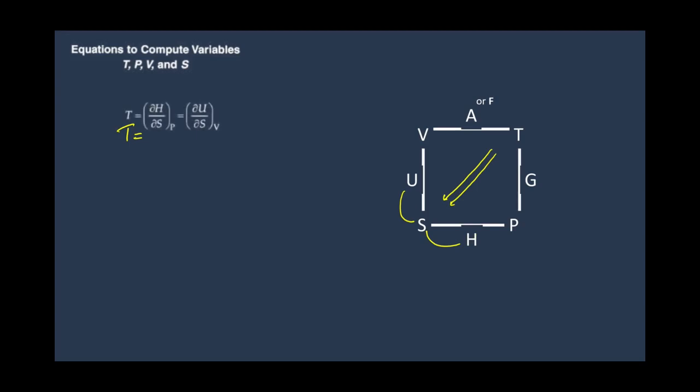So here it is H, so it is dou H by dou S at constant, next to H, what it is, you have to check, it is pressure P at constant pressure, which is equal to, similarly here also, dou U by dou S at constant, here it is volume. So you can get the first equation like this.